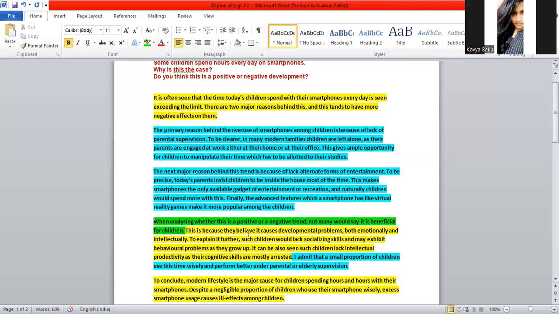So what sorts of emotional and intellectual problems do they have as part of their developmental process? They do have some behavioral problems. They won't know how to interact with people because they are with the smartphones. They don't know how to communicate properly with others.